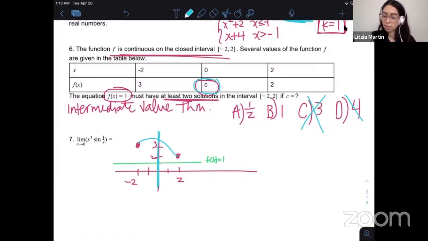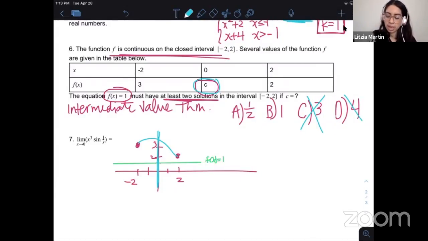And then we have B, which is 1. And if I were to try and draw this to go through 1, does that guarantee that it's going to ever cross through again? No, not necessarily, right?